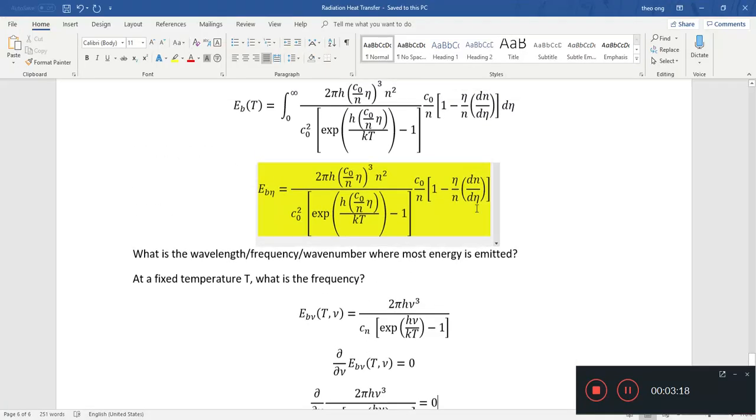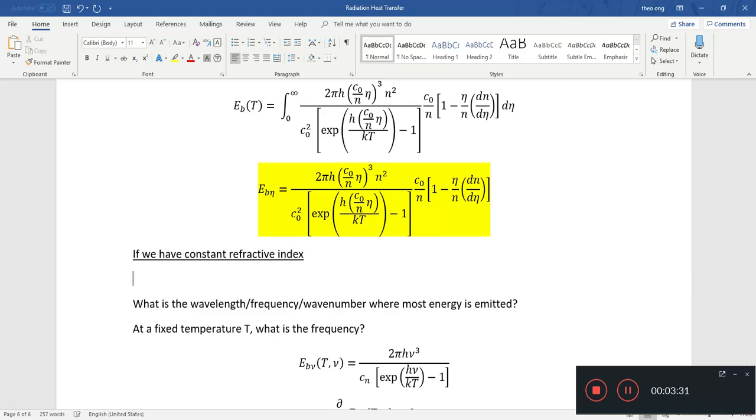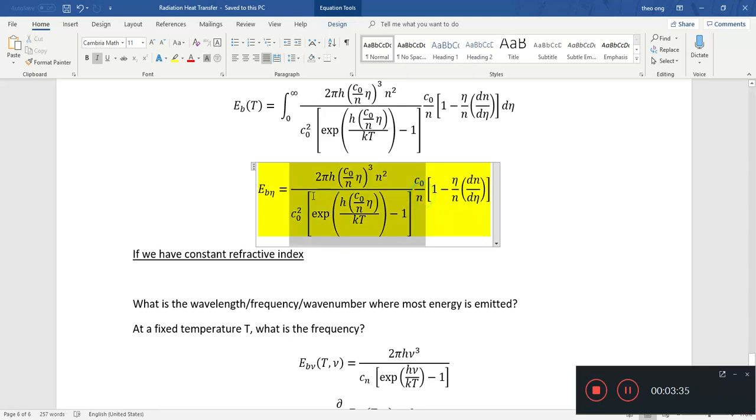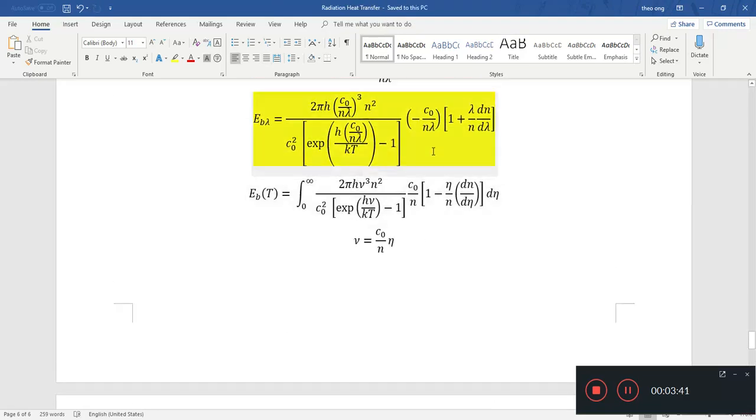So what they assume is that normally, if we have constant refractive index, these terms actually disappear, and we are just left with this. So we have the E_b,nu, E_b,eta, and E_b,lambda.